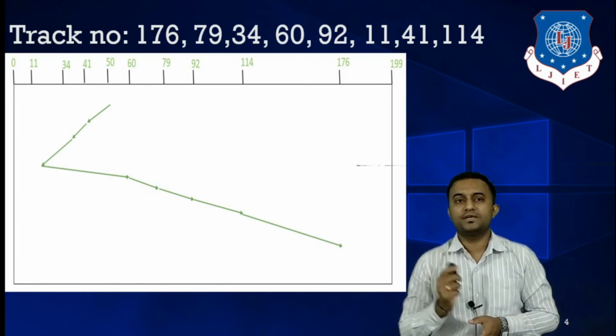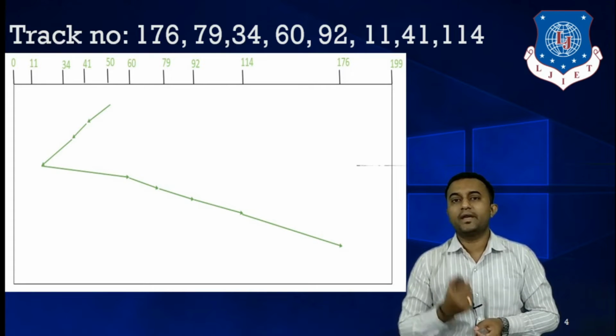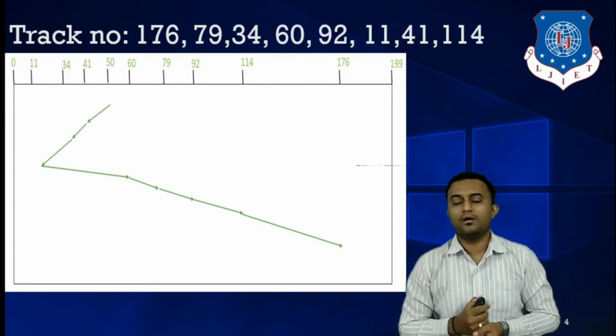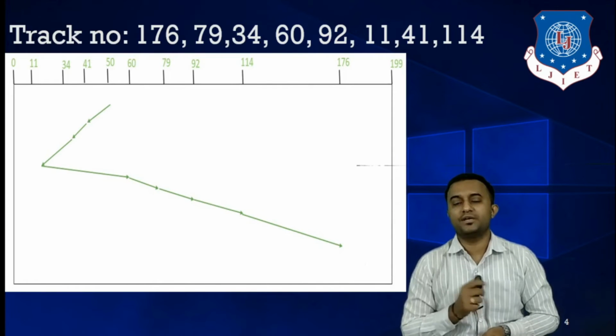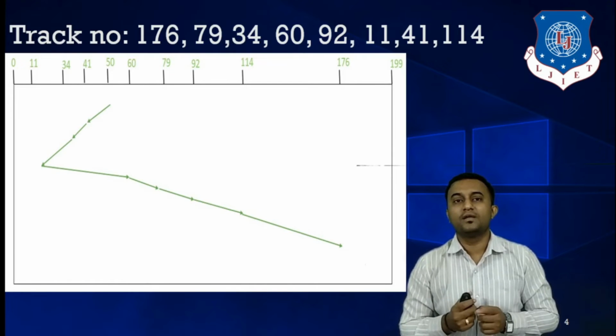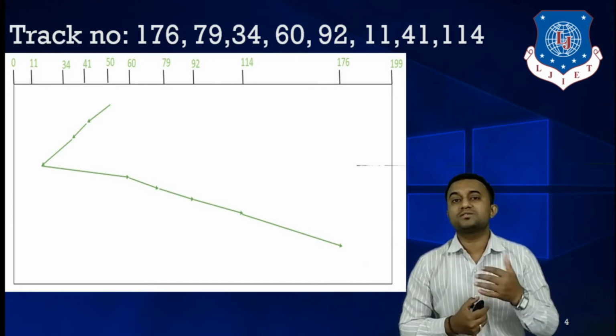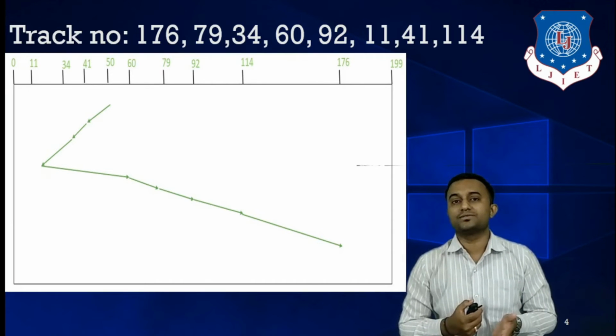Now once it reaches 41, it will again execute the same logic. Out of the remaining requests, which one is smallest in terms of distance? For example, 41 minus 34, if you calculate, that difference is smallest as compared to the others. So the next request fulfilled by the read-write head is 34. It will move towards 34, and once it reaches 34, the same logic is applied for the next request.